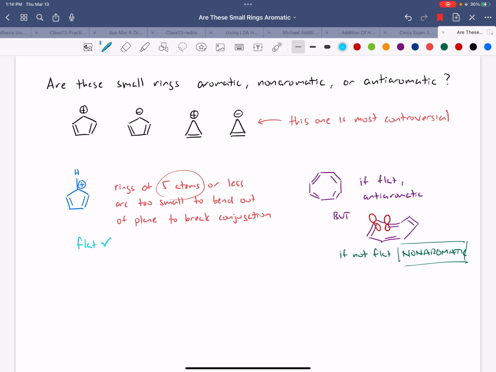The next thing that I would look at is, are all the atoms sp2 hybridized? Well, yes, all atoms in the ring are sp2 hybridized. So here's another phrase that you want to memorize. Carbocation carbons are always sp2 hybridized.